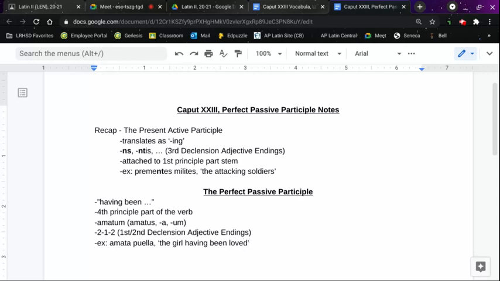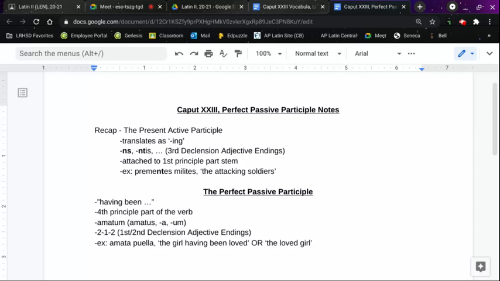You might think that's a little too wordy. So another way of saying that would be the loved girl. A way you can use that in a sentence, you could also say something like maybe the girl loved by her mother was happy, or something like that.